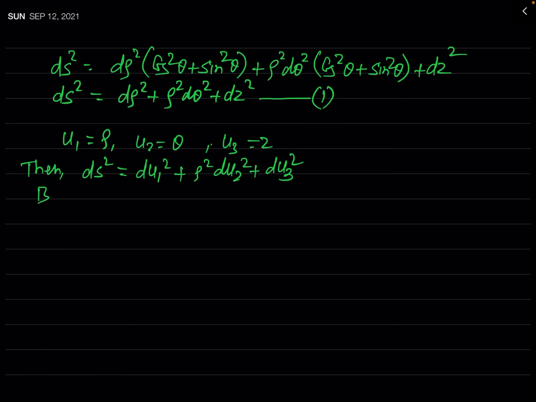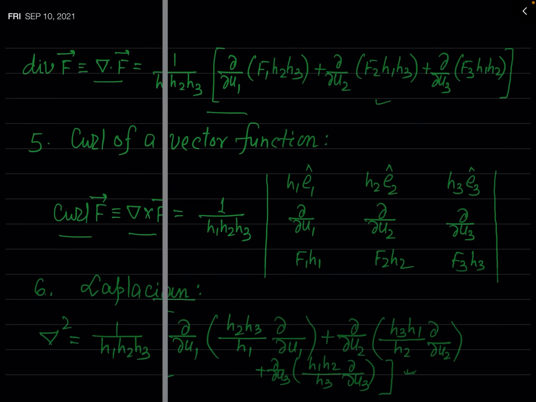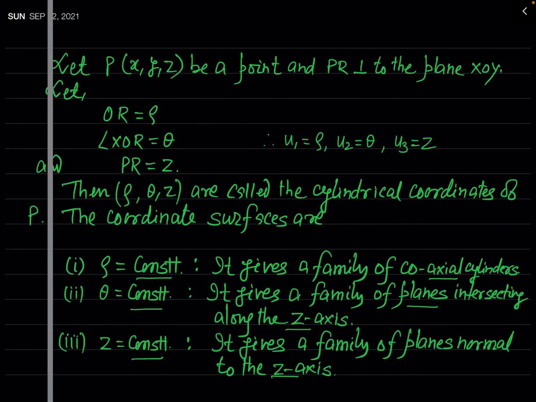But as you have seen earlier in the previous lecture, in an orthogonal curvilinear coordinate system, the general expression for ds square is this: h1 square du1 square plus h2 square du2 square plus h3 square du3 square.